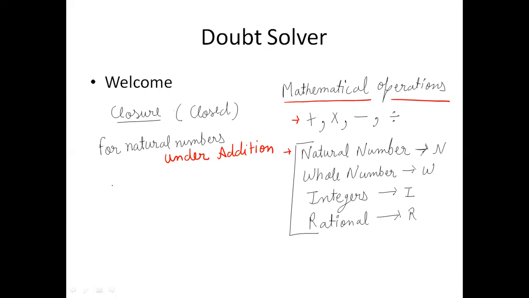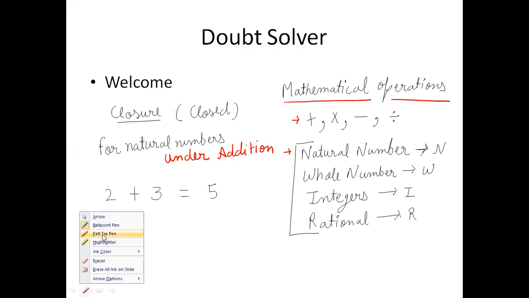Let's take any two natural numbers, like 2 and 3. Which operation are we using? Addition, so put an addition sign. What will be the result? You are closing it up. After solving, what you get is 5.